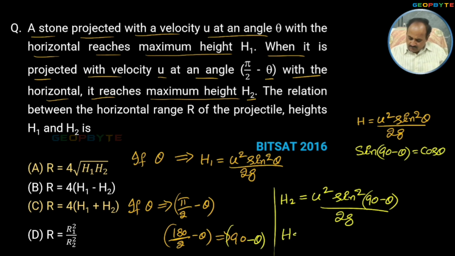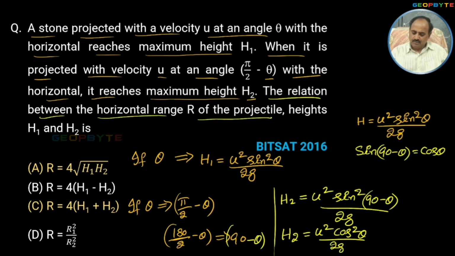Then h2 equals u square cos square theta by 2g. Then you are asked to decide the relation between the horizontal range of the projectile and the heights h1 and h2.